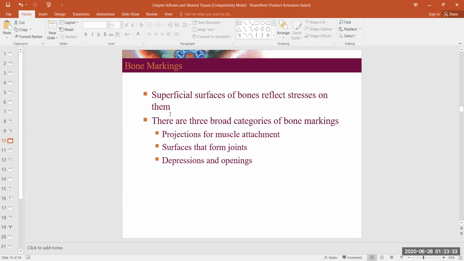Our bones develop from hyaline cartilage. So when you are 8 weeks into intrauterine life in your mother's womb, your hyaline cartilage slowly turns into bone. And at the end of the bones, on the epiphysis end, hyaline cartilage remains.